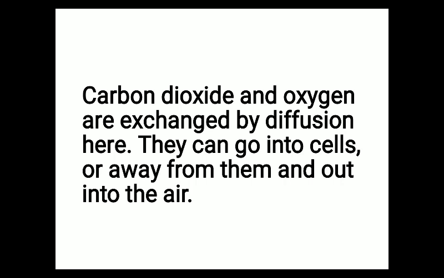What is diffusion? Simply, the movement of a substance from higher concentration to lower concentration is known as diffusion. So exchange of carbon dioxide and oxygen takes place by the process of diffusion.